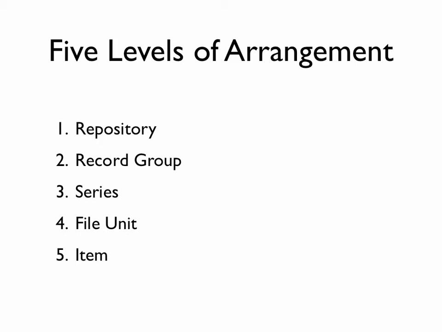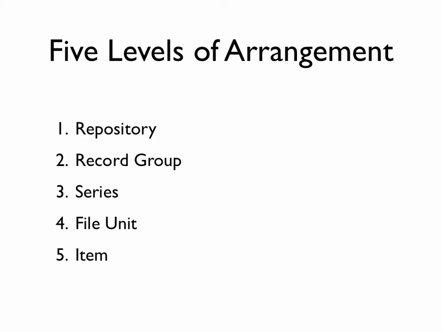And then the next folder is 1851, and then so forth. So each file is a file unit. And that file unit is for the year, say, 1858 or whatever. Okay, that's a file unit. Now the item is the individual items in the file unit. So one letter in that folder dated January 1st, 1852, that's an item.